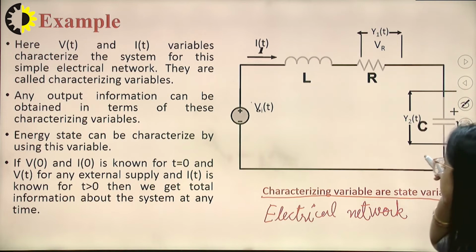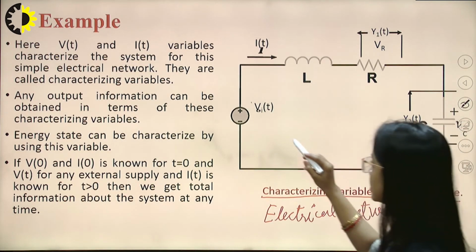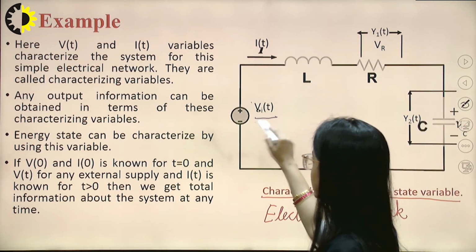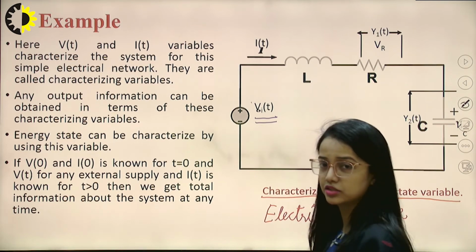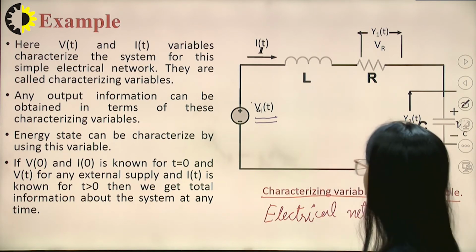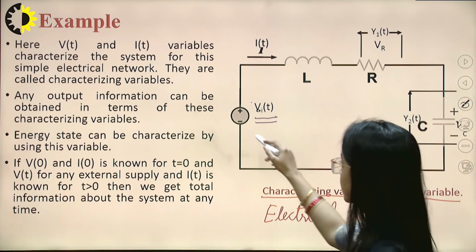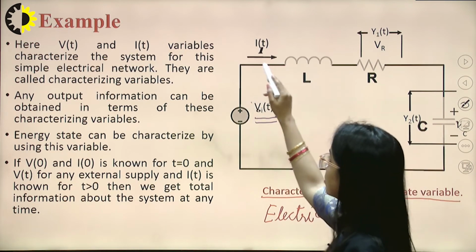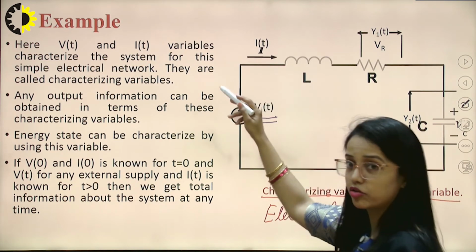We can see that there is an input voltage and we are studying this in the time domain, and of course this input voltage will result in some current, which is i of t.